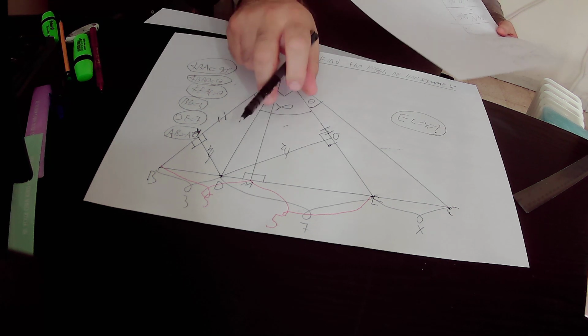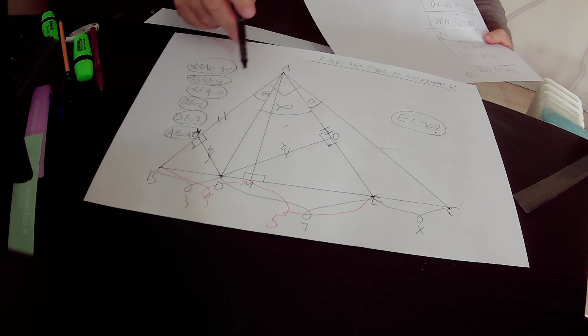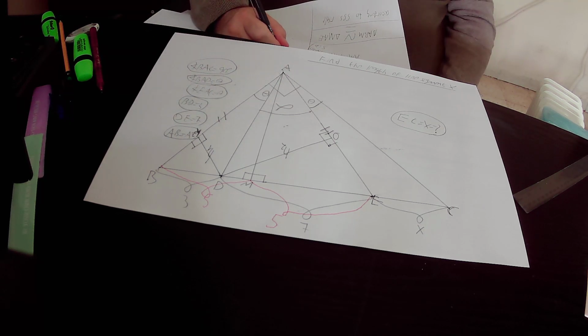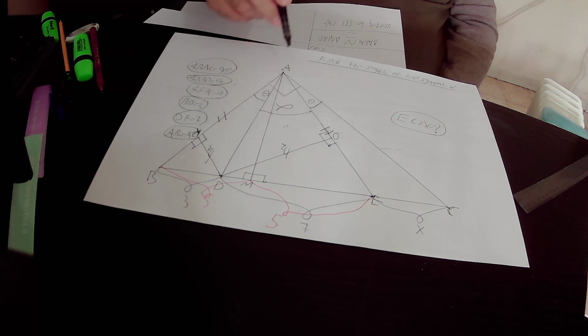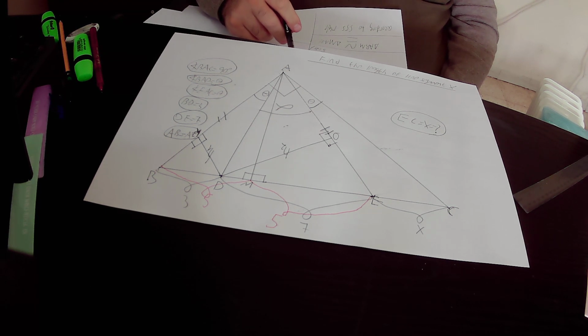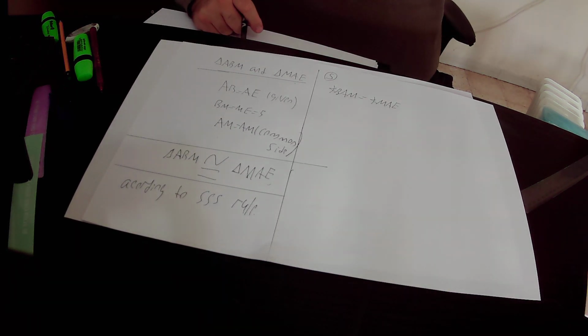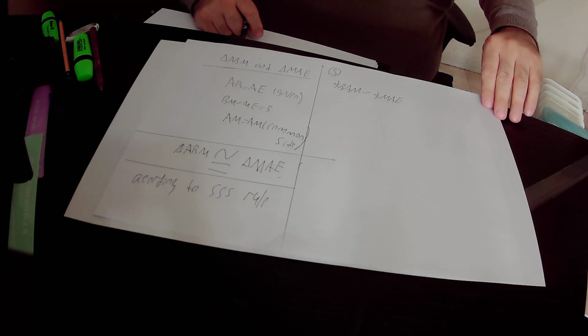And from the fact that those two triangles can go into each other, we will conclude that angle BAM is equal to angle MAE, according to the rule that corresponding angles in congruent triangles are equal to each other.